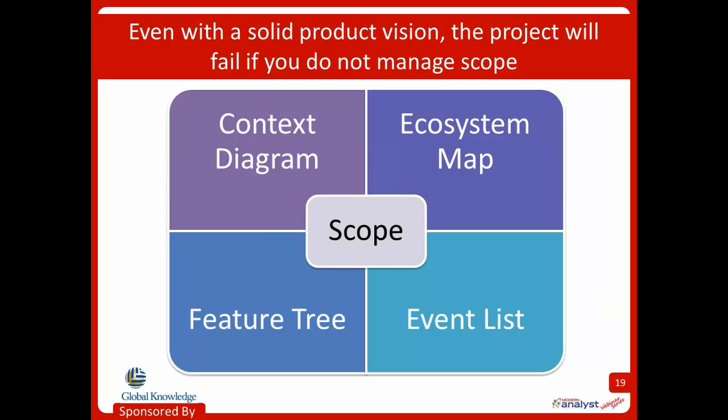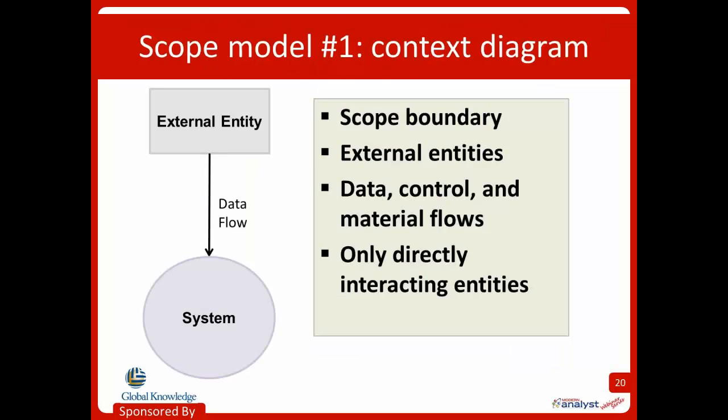I'm going to go into each of these in a bit more detail, but if you have defined clear business requirements, then everything within these 4 models has got to relate back to those business requirements. The collection of business requirements and these 4 scope models is what's going to help you put a boundary on the scope of your product. Right? So it's not either or. You need to do those business requirements and you need to create these models to make sure you really understand the scope of your project.